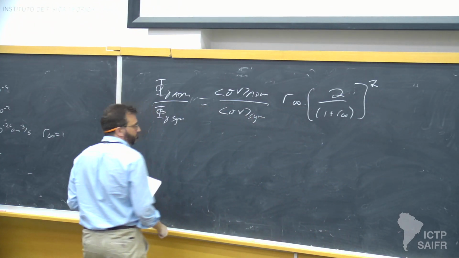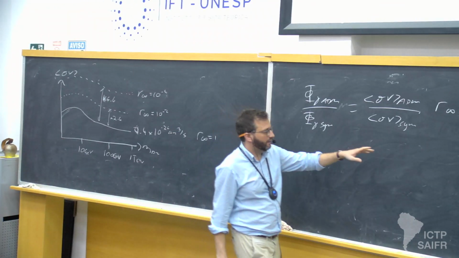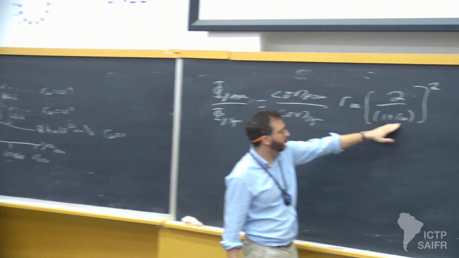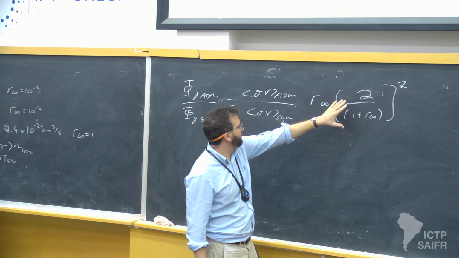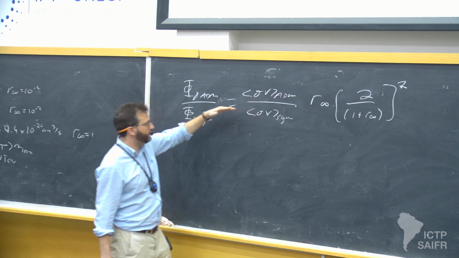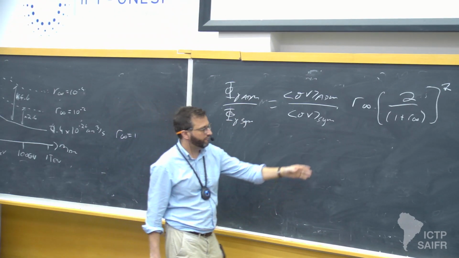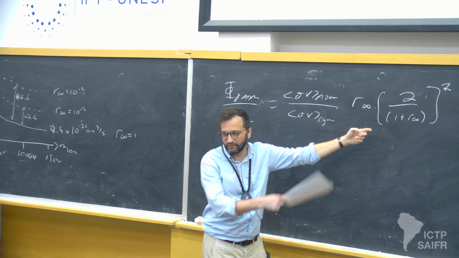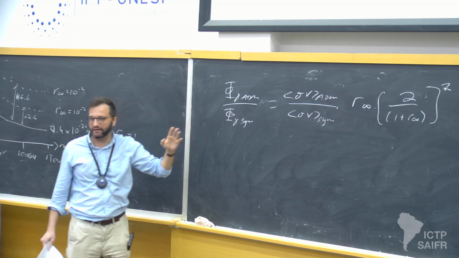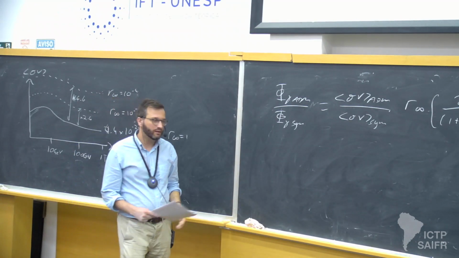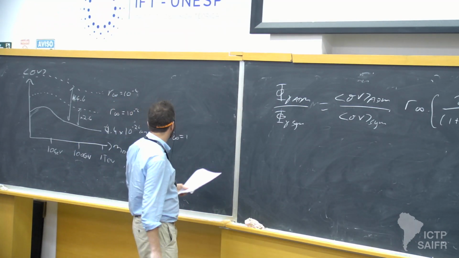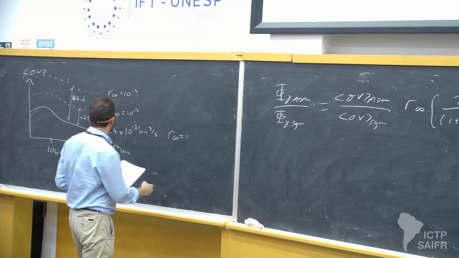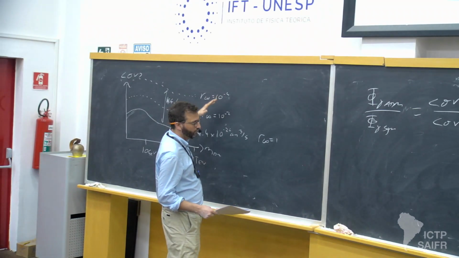This allows you to see that if r infinity is 1, we just get a factor of 1 here, and it's equal to the symmetric case. And if r infinity is suppressed, then you're going to massively suppress the flux you see. So you can hope that in certain dark matter models r infinity isn't too low.